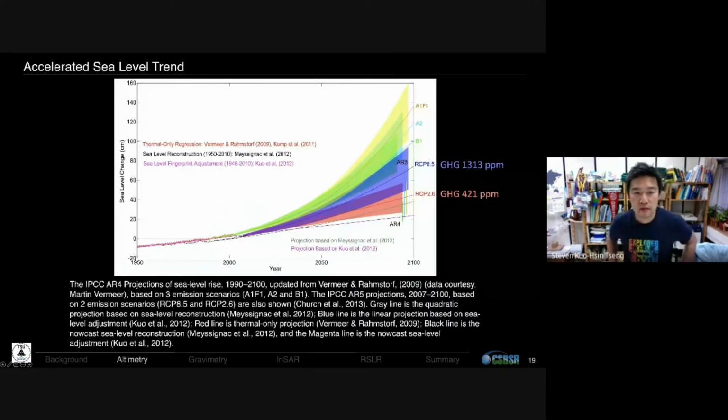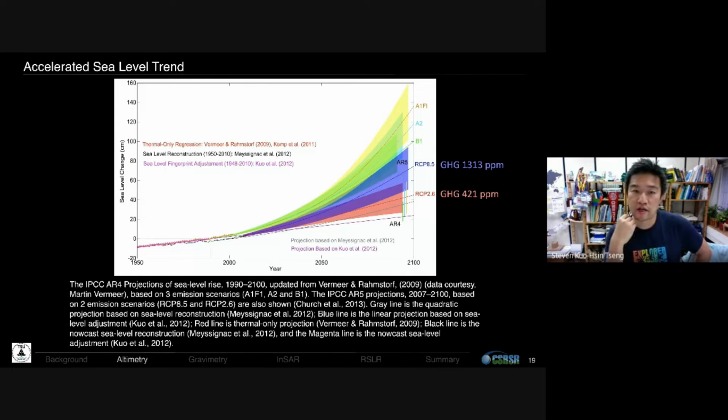This is an analysis based on some projections. Now we have AR6. Every few years the IPCC releases a new report showing the end of century sea level rise scale.